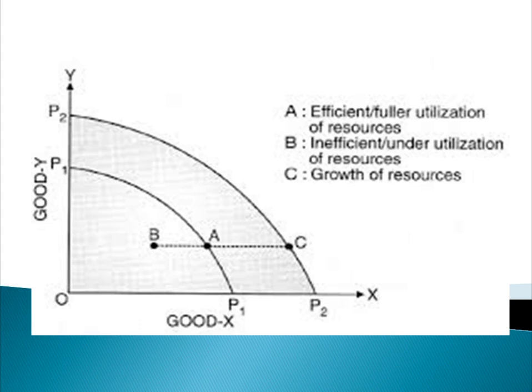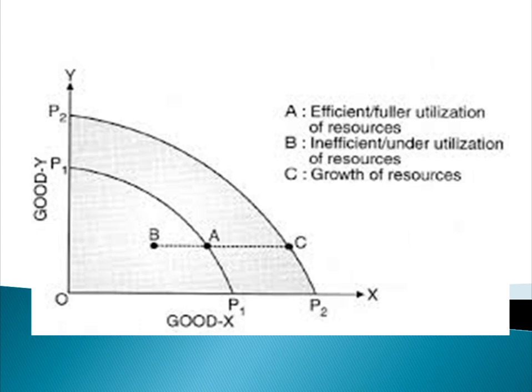Your labor is non-productive, you're not using your factors of production properly. There can be some natural disasters, earthquakes, floods, wars. All of these things can destroy the resources, and they are being underutilized. So this will shift the point inside the production possibility curve.